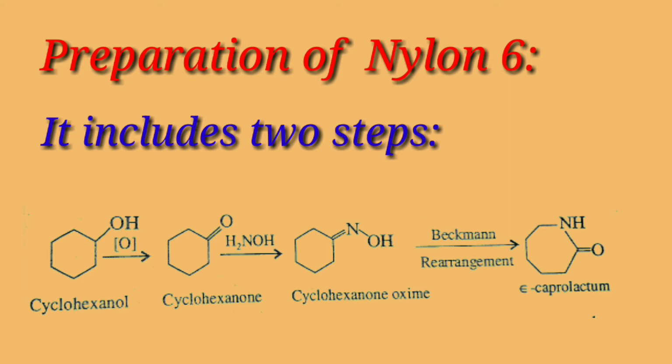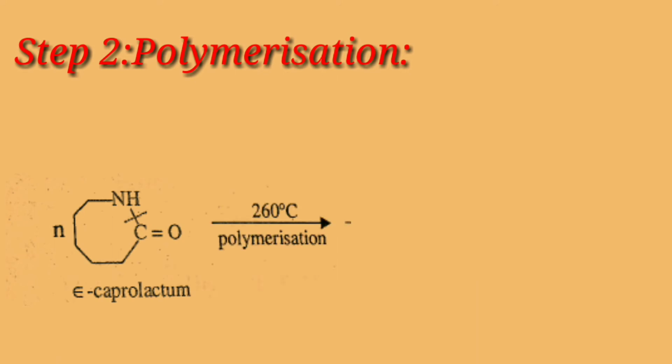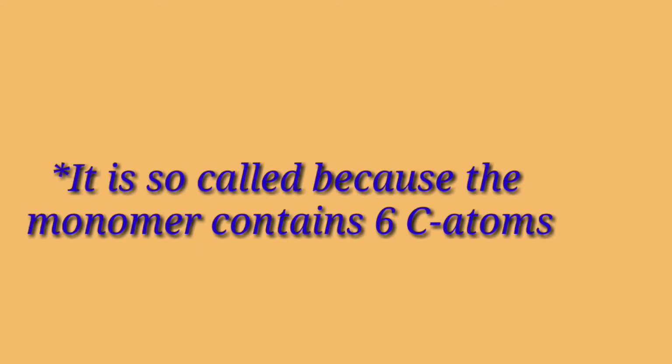This on reaction with hydroxylamine gives an oxime, which then undergoes Beckmann rearrangement to give epsilon caprolactam. Second step is polymerization. Caprolactam, when heated in inert atmosphere, undergoes polymerization reaction to give nylon 6. It is so called because the monomer contains 6 carbon atoms.